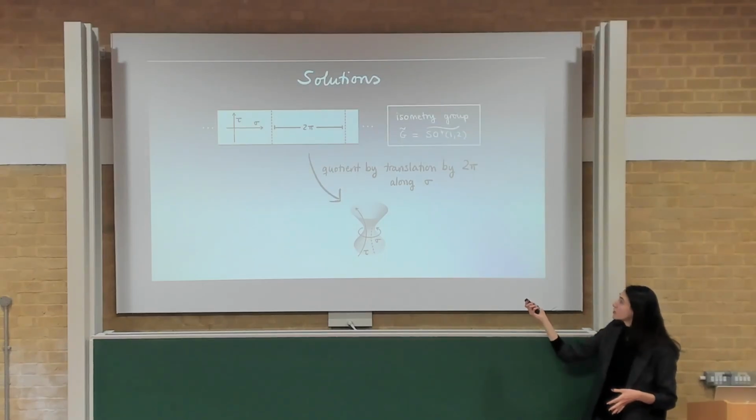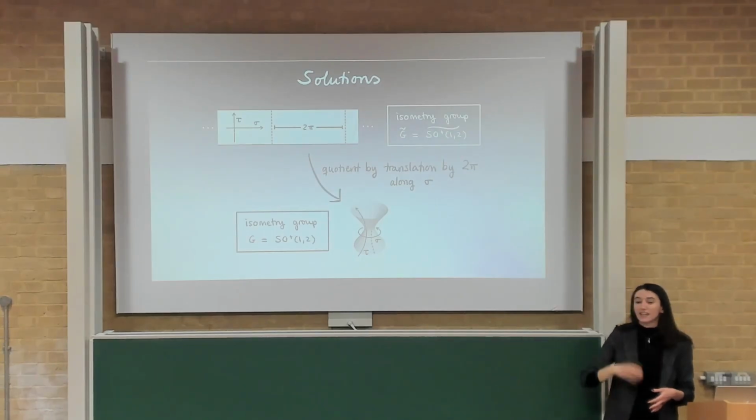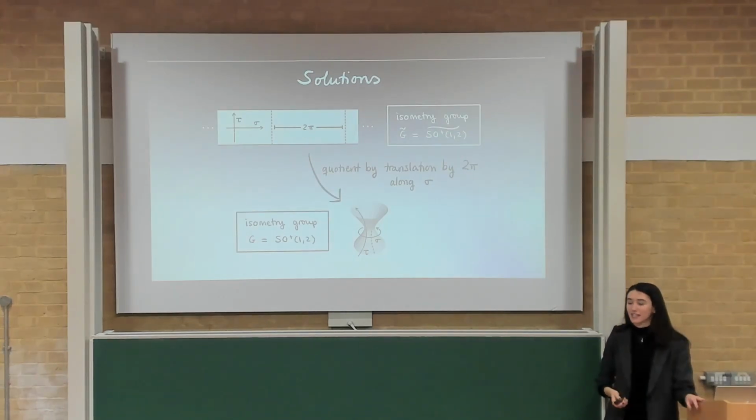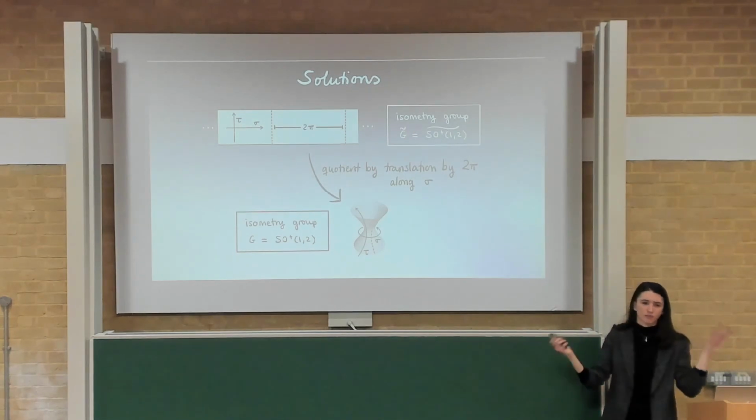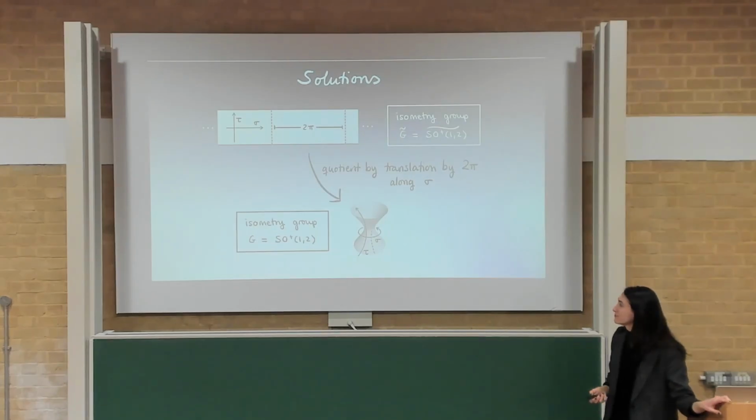So the isometry group of the hyperboloid is the connected component to the identity of the Lorentz group. The infinite strip is the universal cover of this space. So its isometry group is the universal cover of the connected component of the Lorentz group, which you might also call PSL2R, whatever. I'll call it G henceforth, so I don't have to say those words all the time.